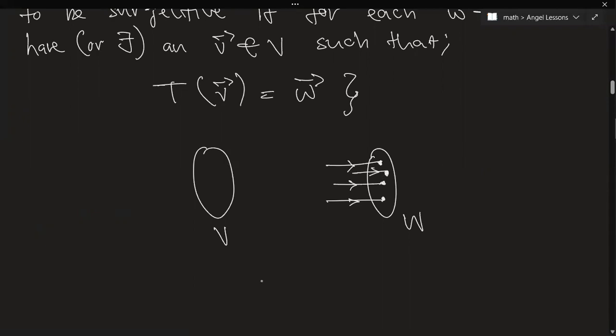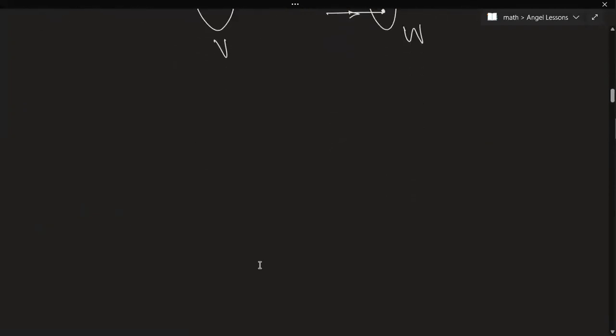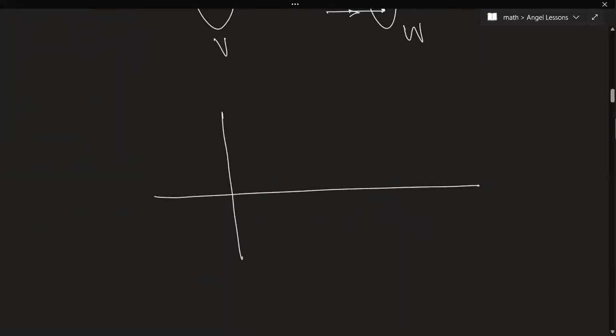Can we think of any practical examples in terms of a graph where a surjective function would look like? Let's try to think of something. Okay, suppose I have a graph like this one. This is my graph. There is an asymptote here at this point.